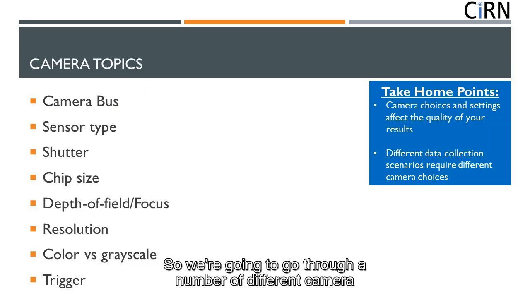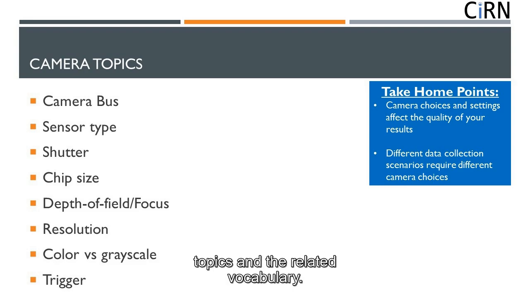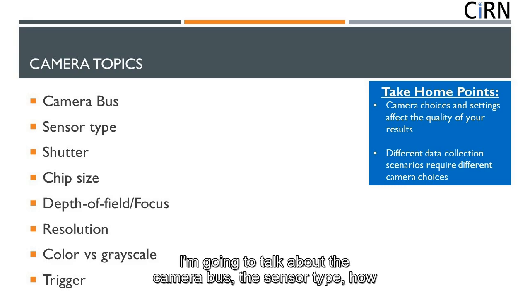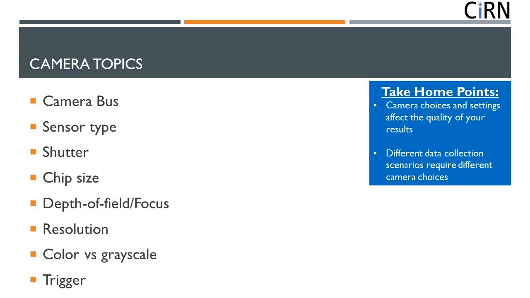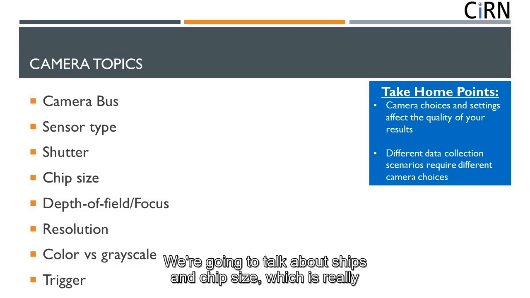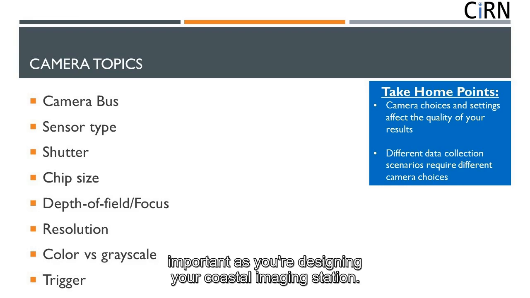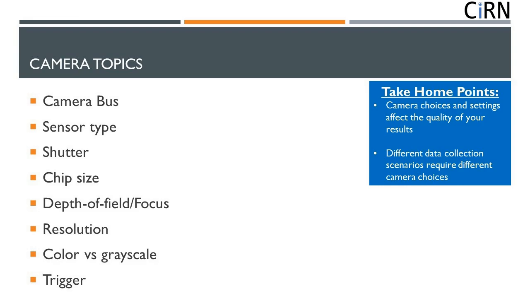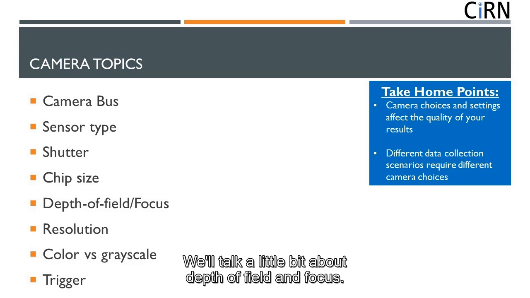Okay, so we're going to go through a number of different camera topics and the related vocabulary. I'm going to talk about the camera bus, the sensor type, how a shutter works. We're going to talk about chips and chip size, which is really important as you're designing your coastal imaging station. We'll talk a little bit about depth of field and focus.